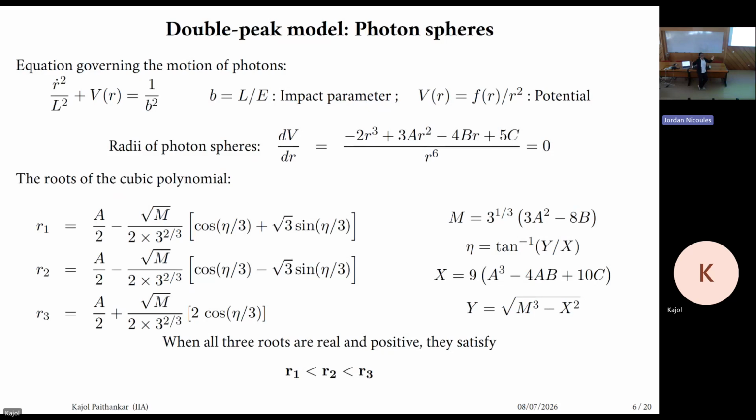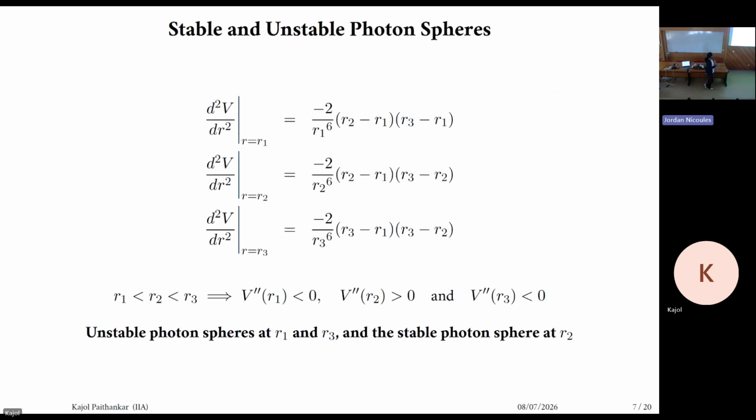So I know their locations with respect to each other. Okay. Once I have this set up, I can even figure out which of these photon spheres will be stable and which of them are unstable, just by finding the second derivative of the potential. And it simplifies in this nice format where I can write everything in terms of just the three roots that I have to start with.